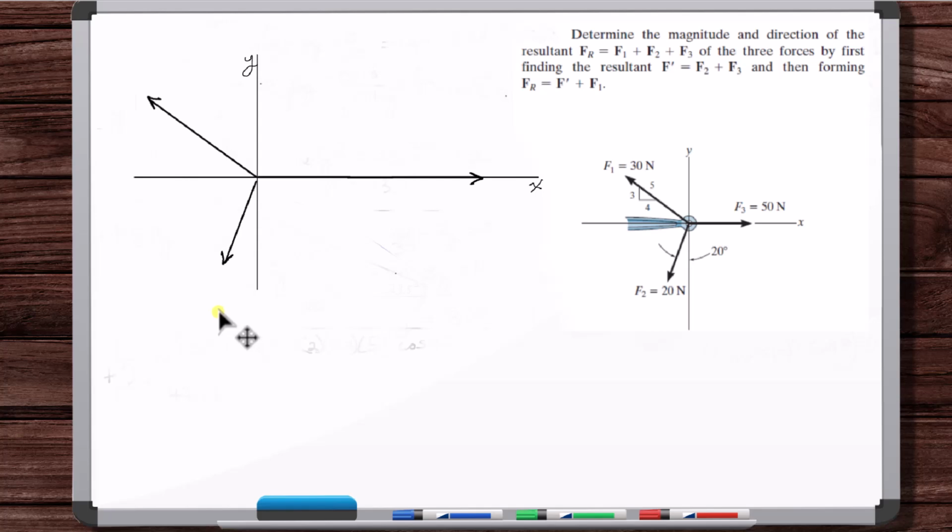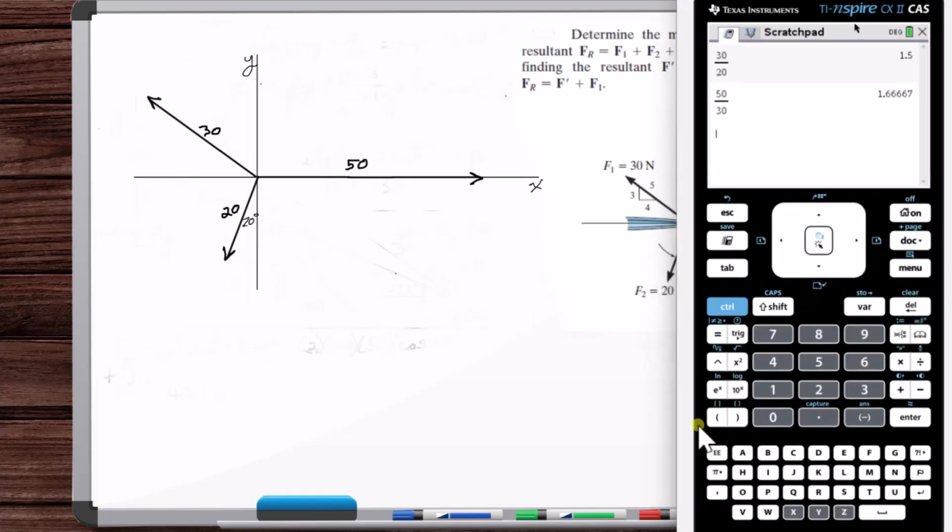And so this is 20, this is 50, this is 30. Okay, and then it gives us that this angle is 20 degrees, and then it also gives us this slope triangle here, so we can find this angle. That would be arctangent of opposite over adjacent, 36.9 degrees.